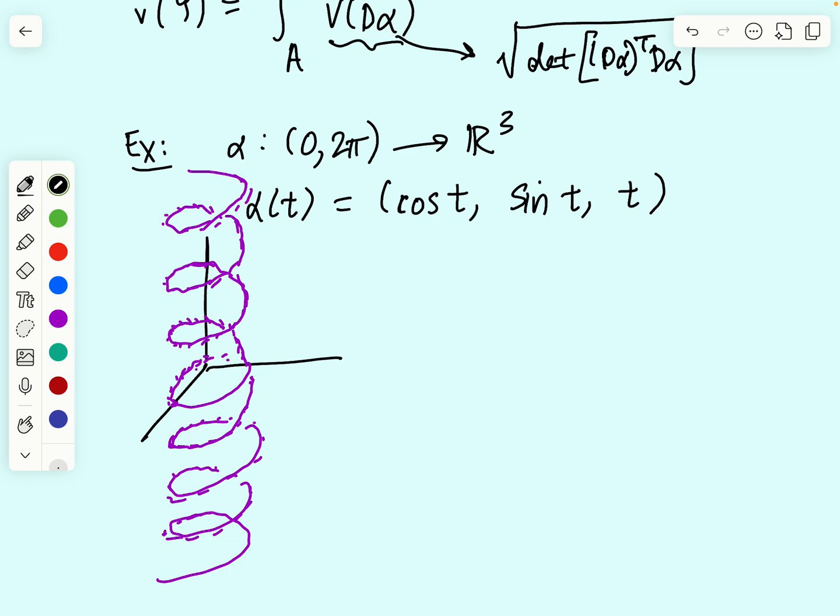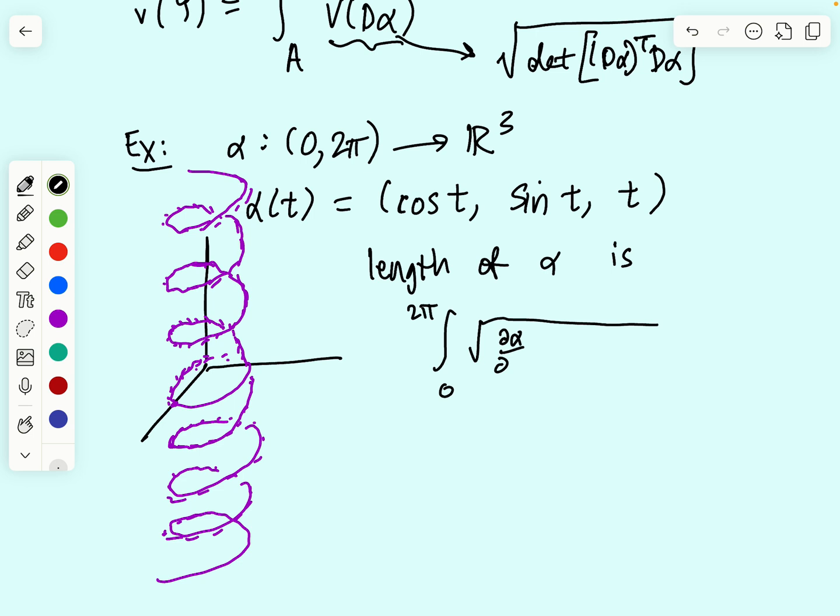The length of alpha, or the length of the parametrized curve, is, well, you would integrate from 0 to 2 pi v of d alpha, which we know is the square root of partial alpha partial x1 squared plus partial alpha partial x2 squared plus partial alpha partial x3 squared.